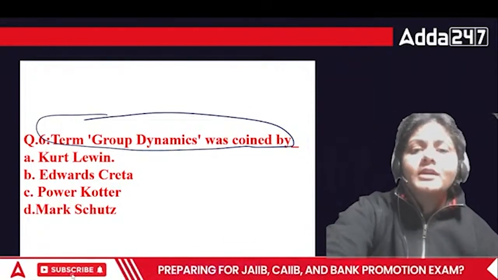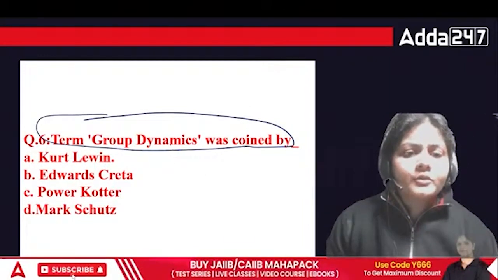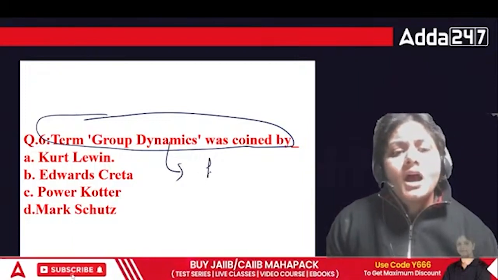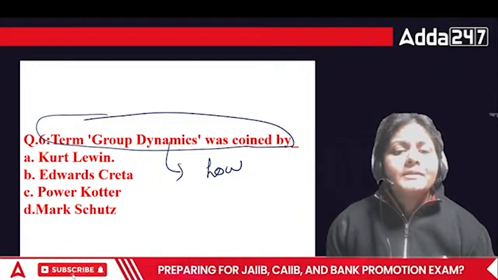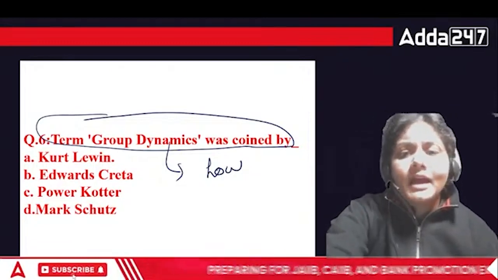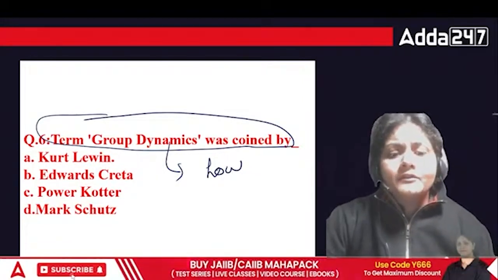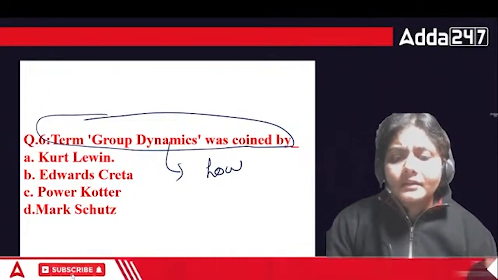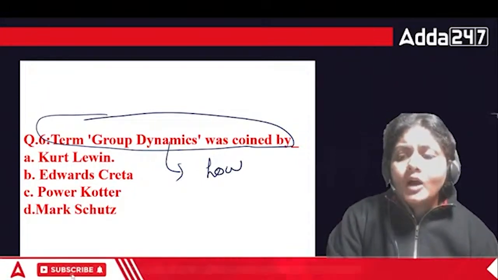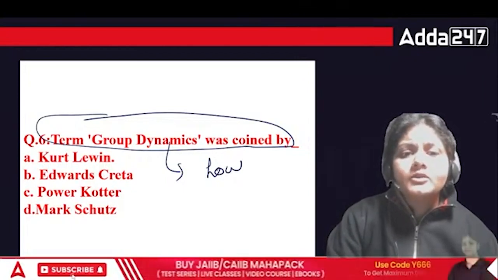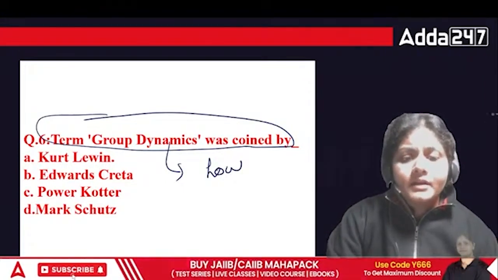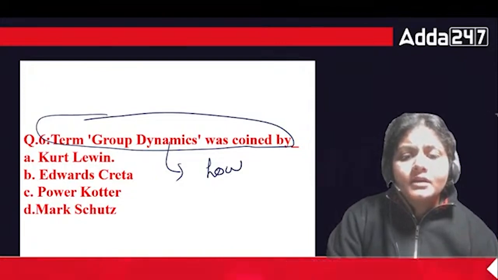See, when we are talking about the group dynamic, what is a group dynamic? That means how comfortable you are in the group, and what interaction you are having in the group, right? This is called the group dynamic.